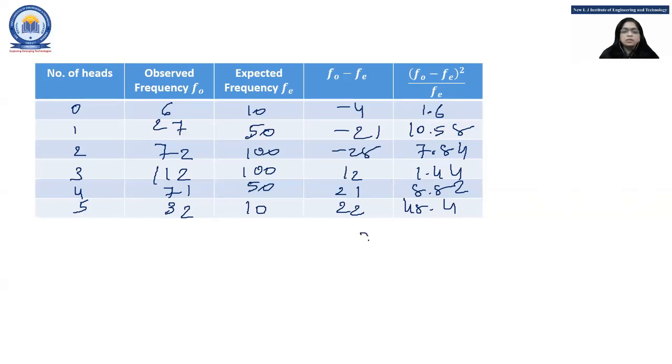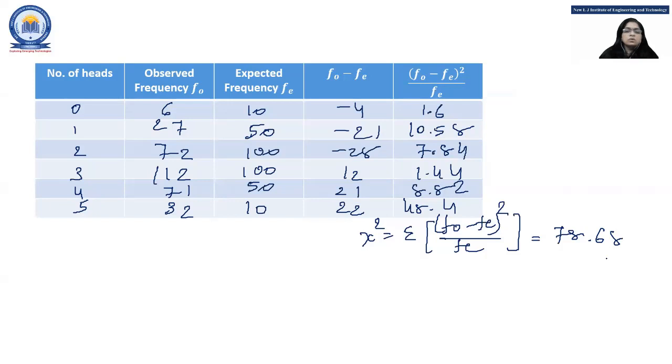So finally, chi-square is equal to summation FO minus FE whole square upon FE, and that is 78.68. Okay, so this is our statistic value.